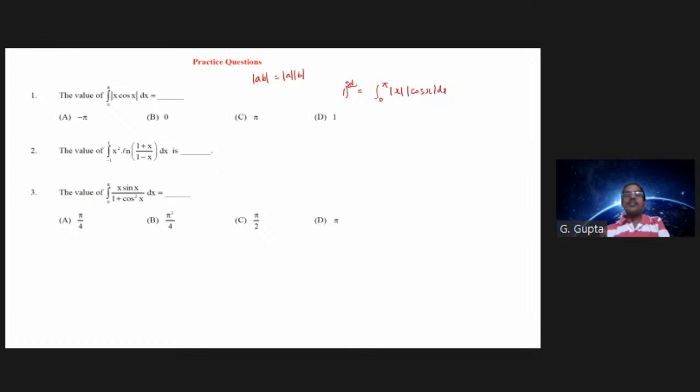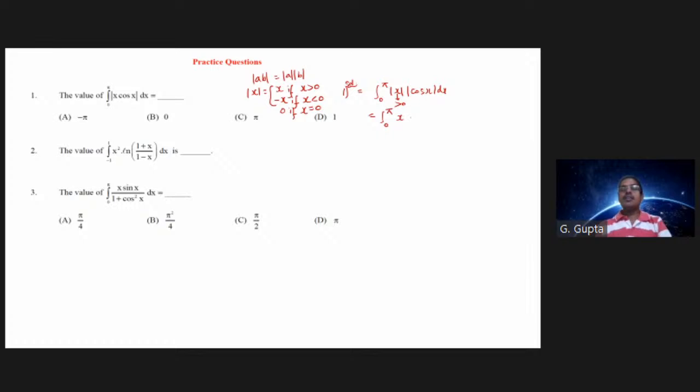You know that mod x definition is equal to plus x if x is greater than 0, minus x if x is less than 0, 0 if x is equal to 0. So 0 to pi means first and second quadrant, that is pi value approximately 3.14. So x value is greater than 0, so mod eliminates, it will give x as it is.